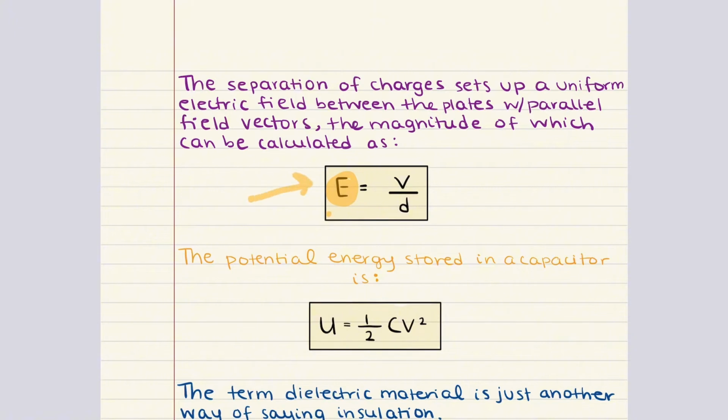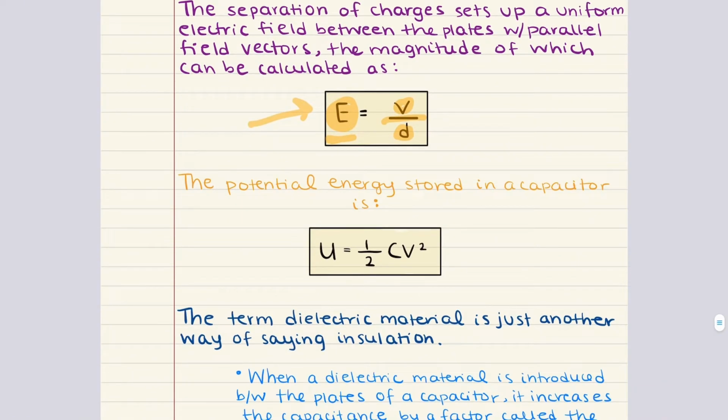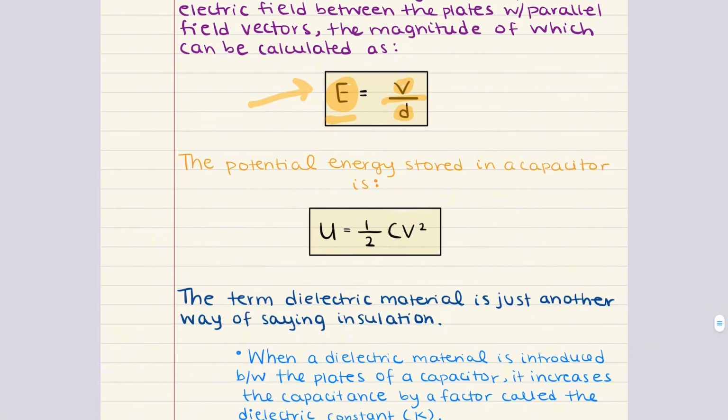This equation says that the magnitude of the electric field is equal to V, which is the potential difference between the plates, divided by D, which is the distance between the plates. And this relationship shows that a stronger electric field is created when either the voltage across the plates increases or the separation distance decreases.